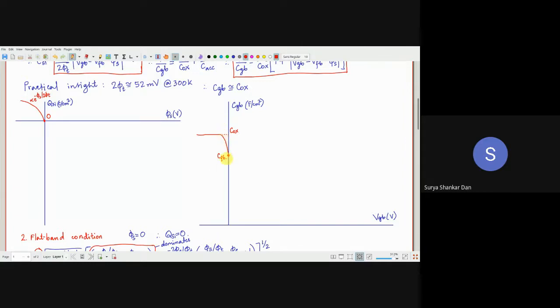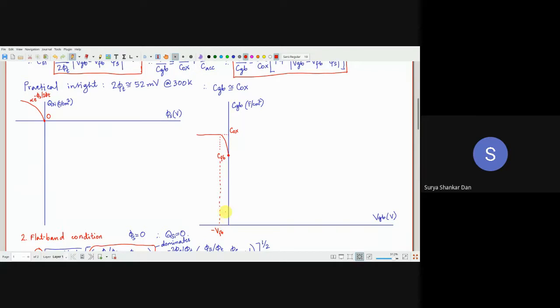Correct. Now the funny thing is, this should have started decreasing in the flat band condition, right? When phi s equals 0, which we are showing here on the phi s plot. But in case of the VGB, ideally it should have started from here. So if you simply draw a projection over here, okay, this is your minus VFB.